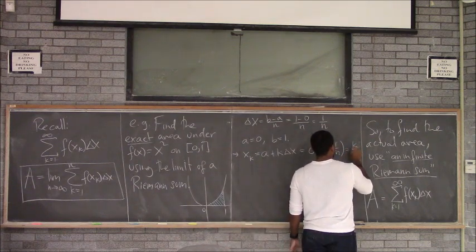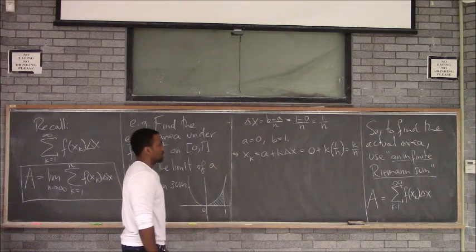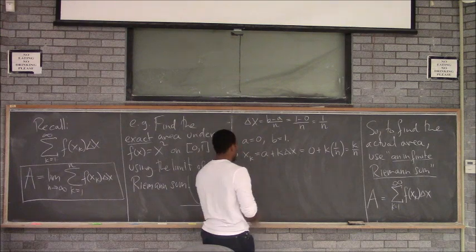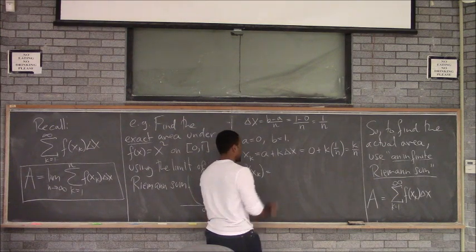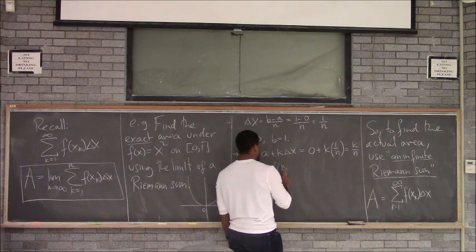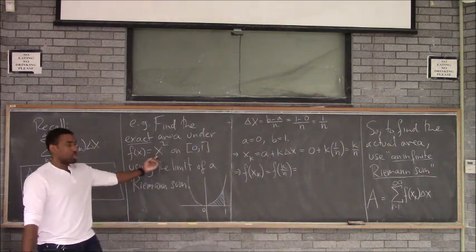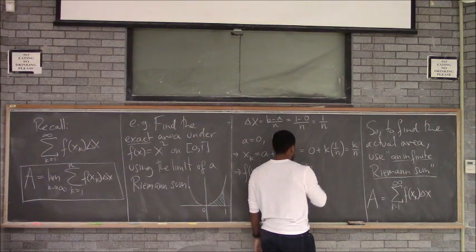Otherwise, this is k over n. This means my f of xk is just f of k over n, which is, my f is x squared, so that's just k over n squared.